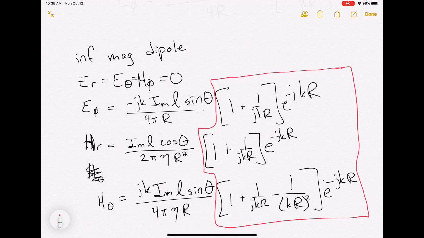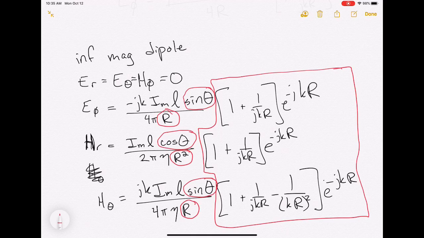Second, the r dependence in these leading terms is also the same. And the angle dependence in these terms is also the same. But we have some differences.